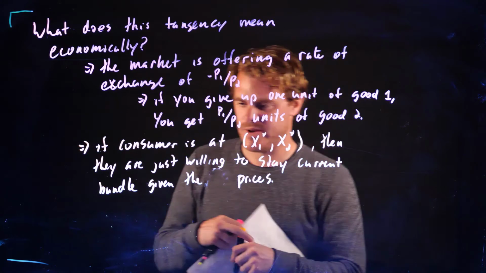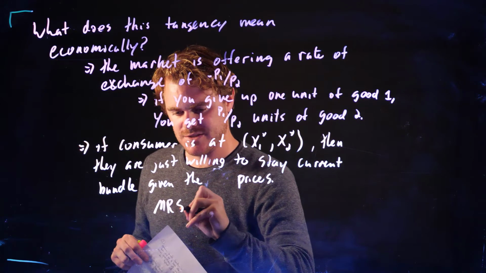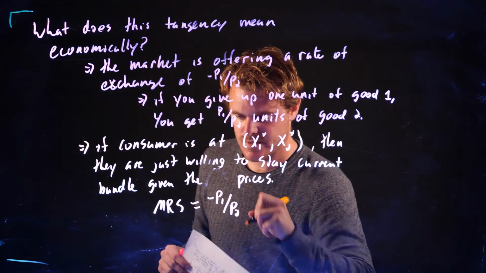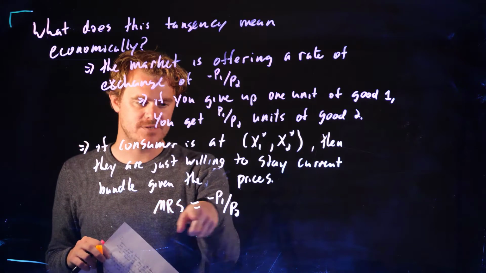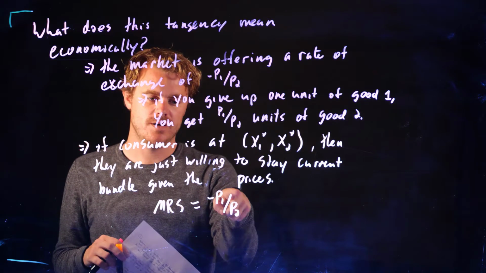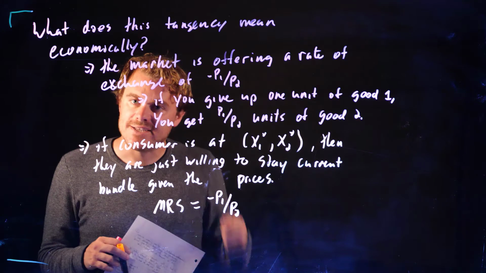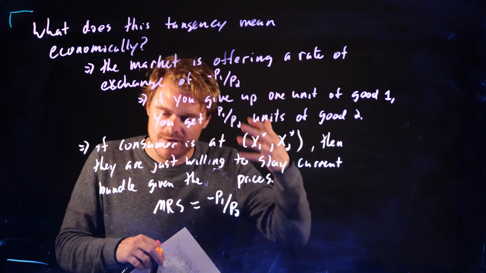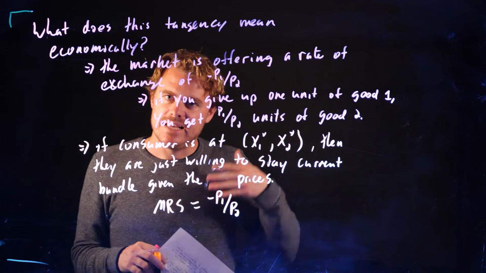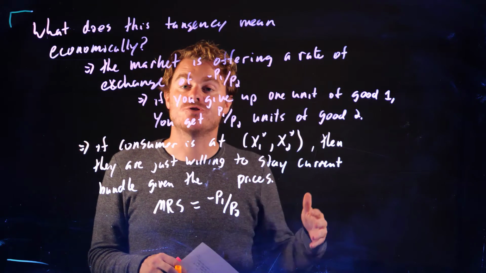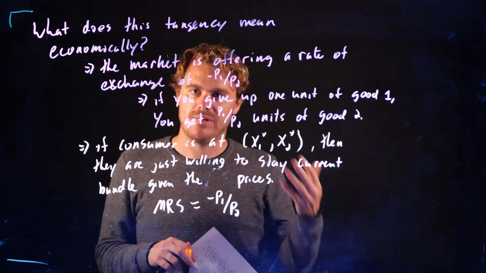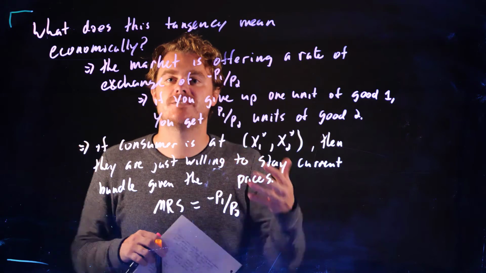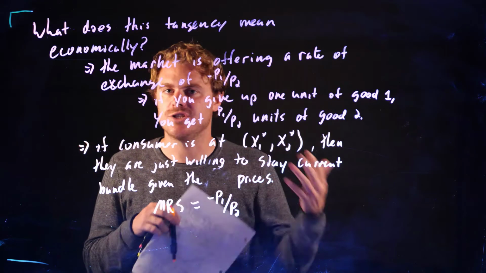Remember, that's the point where the marginal rate of substitution equals the price ratio. This is the slope of the indifference curve, and this is the slope of the budget constraint. We talked about how to interpret the marginal rate of substitution: we offered an exchange rate E, left very general, and it was the exchange rate where the person was just willing to not trade anything.